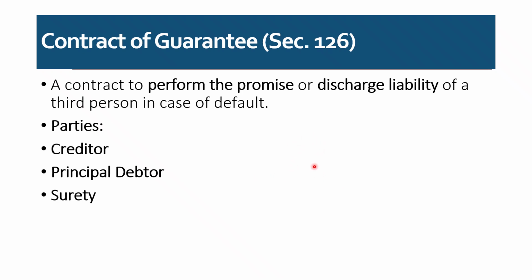The creditor is the bank giving you the loan, and then your friend gives the guarantee or the surety, so he becomes the guarantor. So these are the three parties involved. Your friend will have to pay the amount if you fail to pay the bank loan. This is exactly the liability that falls on the guarantor.